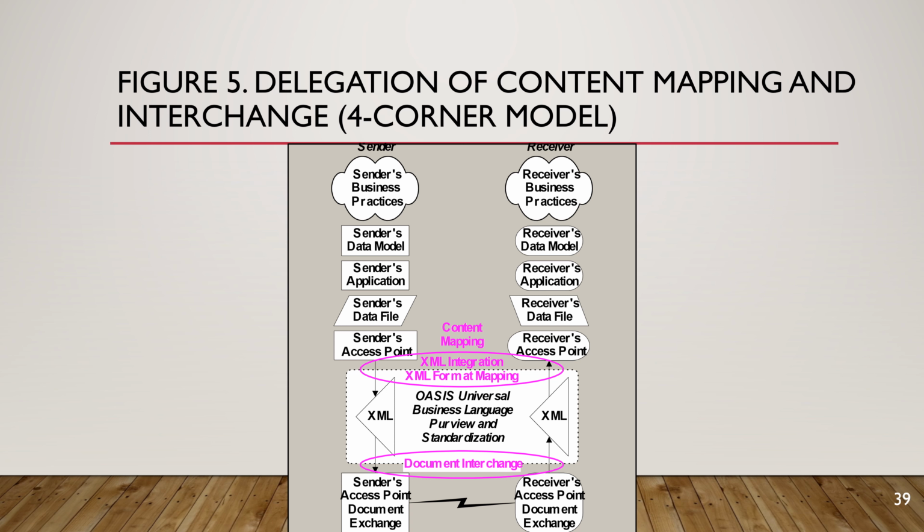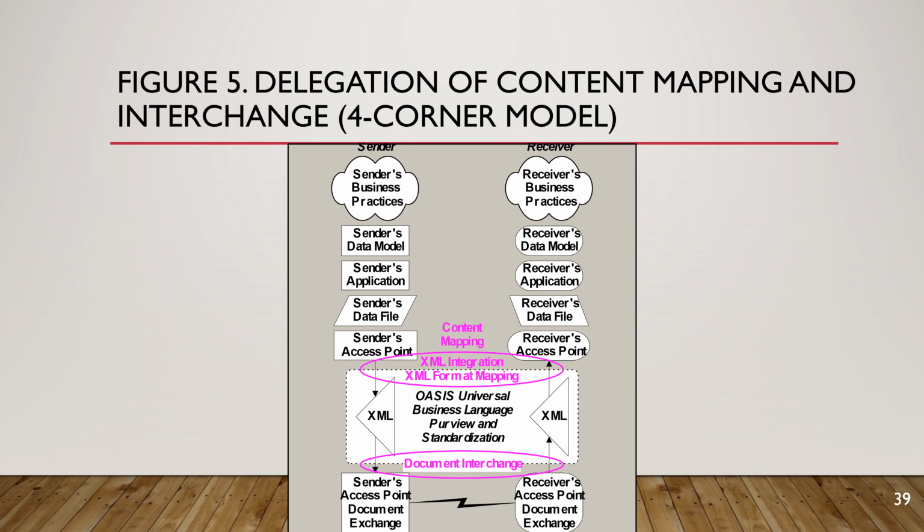So we're on the middle of the left side of this diagram. A sender's access point that understands my format. And so I send and receive data on the sender's access point just as if I was talking to one of my own internal systems.